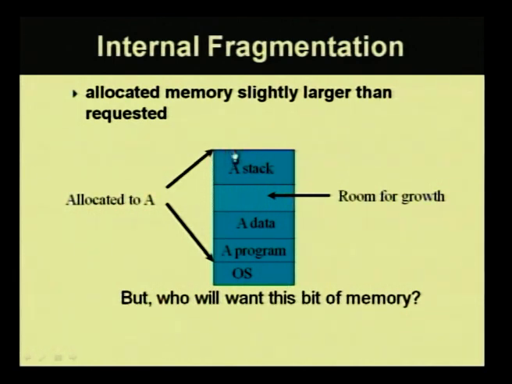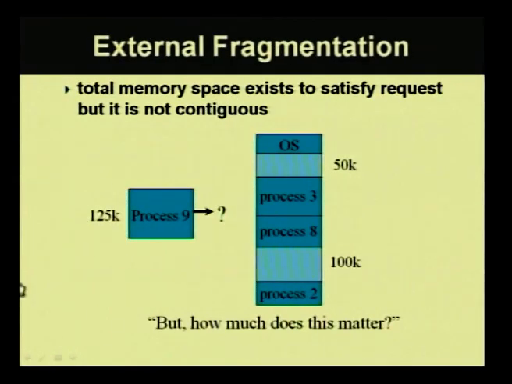Suppose the memory area from this point to this point is totally allocated for process A. There is still room for growth for process A, and if process A does not grow during its entire execution, this particular memory area is going to be wasted. This memory area is called a fragment or internal fragment. This can never be reclaimed and utilized. Only intelligent allocation of the total available space will minimize internal fragmentation.